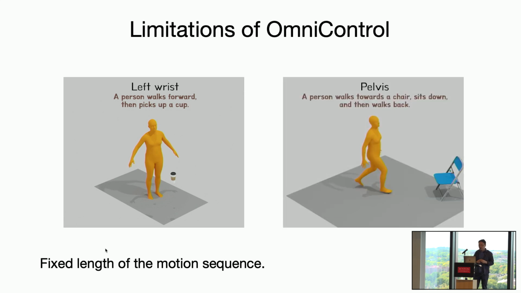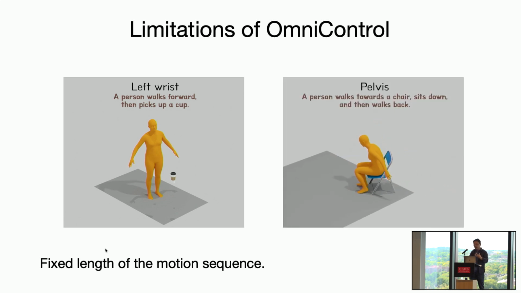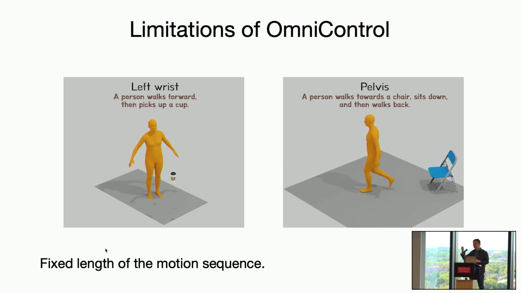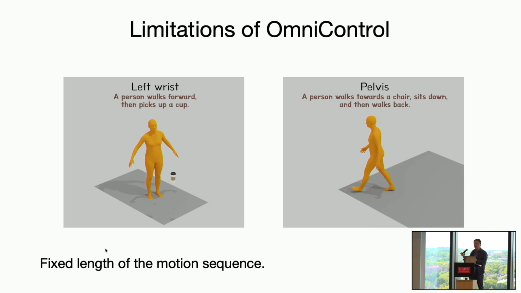And another issue is, for a human to have interactions with an object, we have to provide those control signals in advance. The model itself has no clue about what the surroundings look like. Right? So this is one issue.